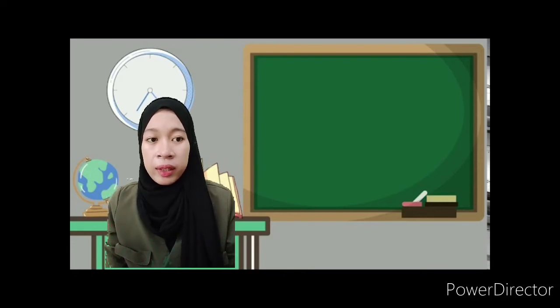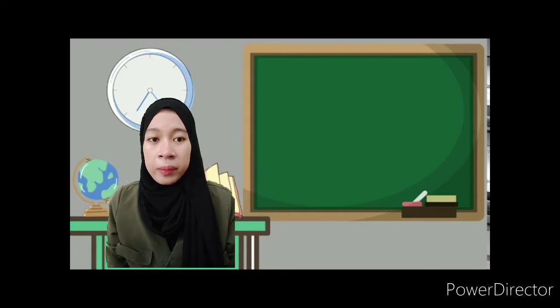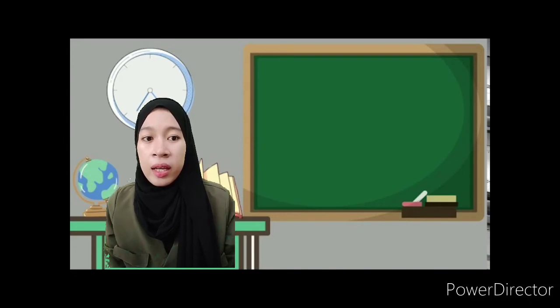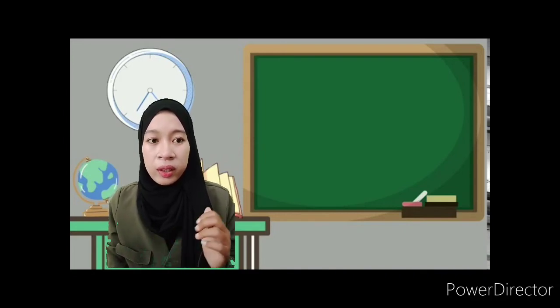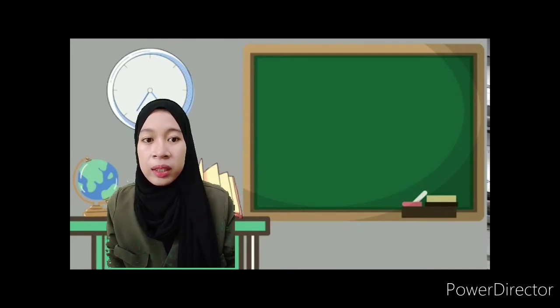Fraction numbers are numbers expressed as a over b, where a and b are integers and b is not equal to 0. The number a is called the numerator and the number b is called the denominator.